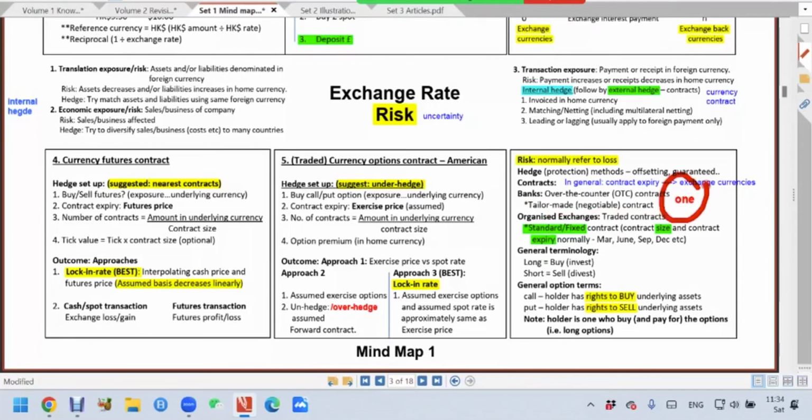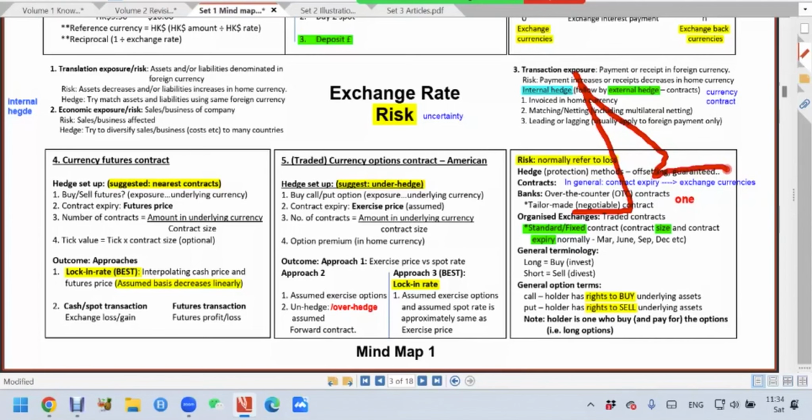You negotiate the amount you want to hedge. Remember, it's transaction exposure. You negotiate the expiry, and whether you want to have an option or not. Everything is negotiable. So when the contract expires, remember, exchange the currency.